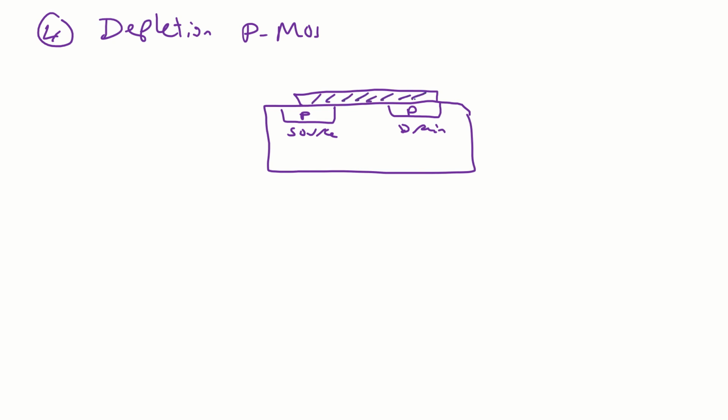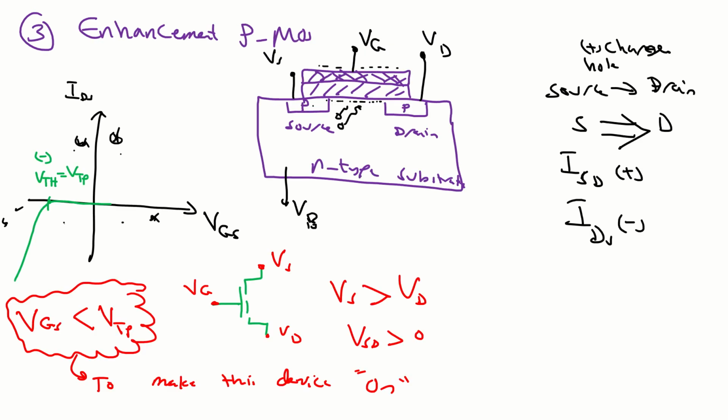This is the oxide, and this is of course the gate. And I'll be putting right now the voltages at each terminal. This is Vs, and this is Vg, and here Vd, and this is the bulk voltage Vb. And don't forget, here we have N-type substrate, like what we wrote here, N-type substrate.